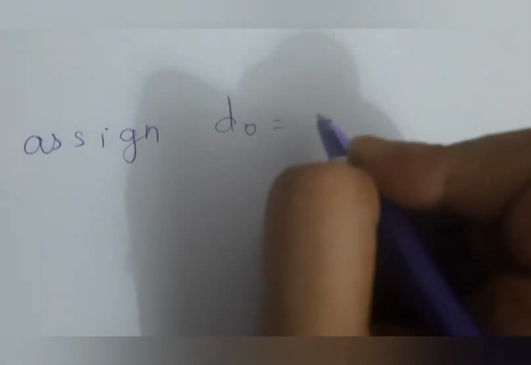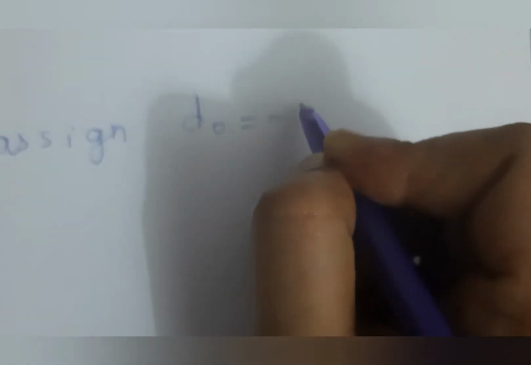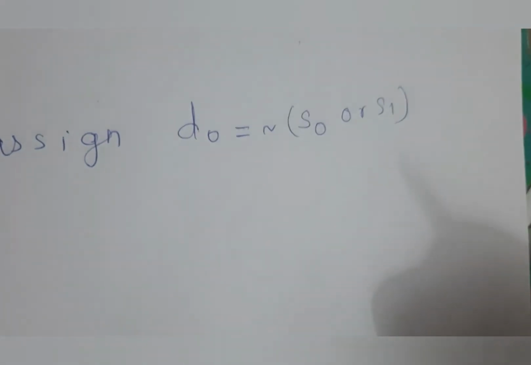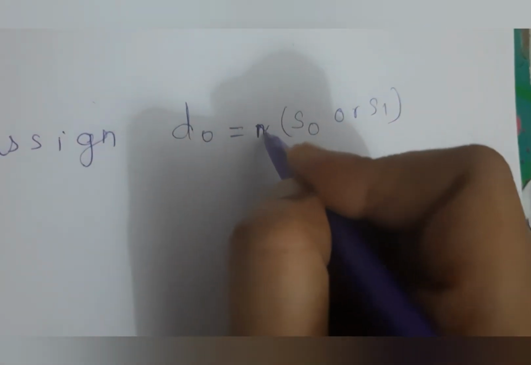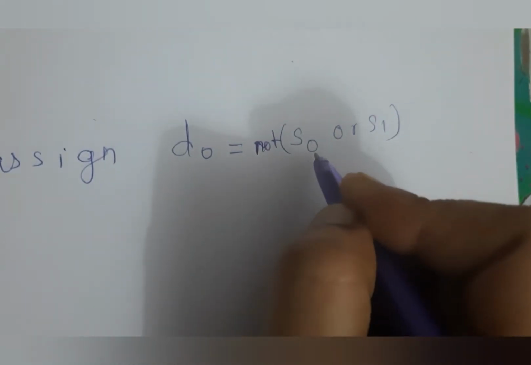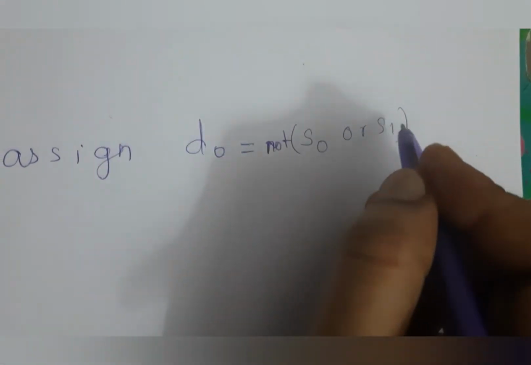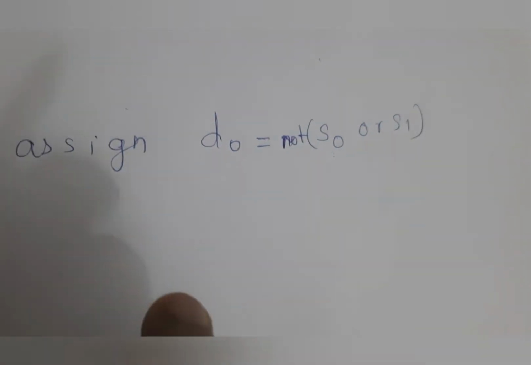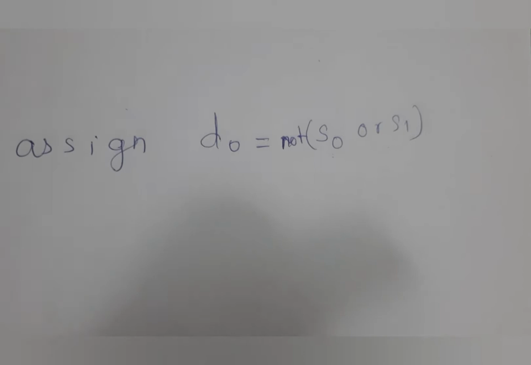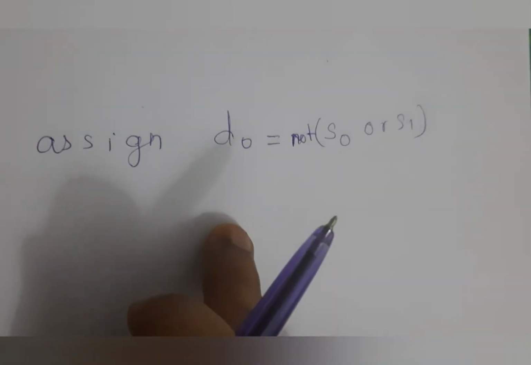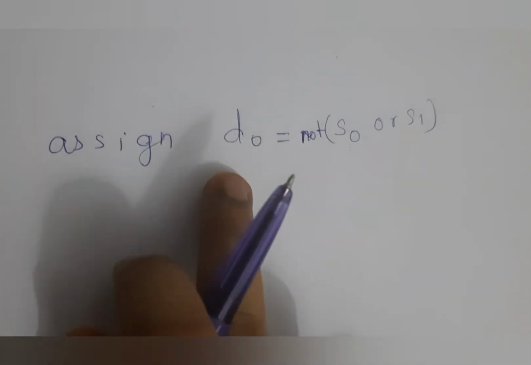Here, assign D0: we get D0 when it is the inversion of S0 or S1, the NOR function of S0 and S1. When this comes true, we get D0.